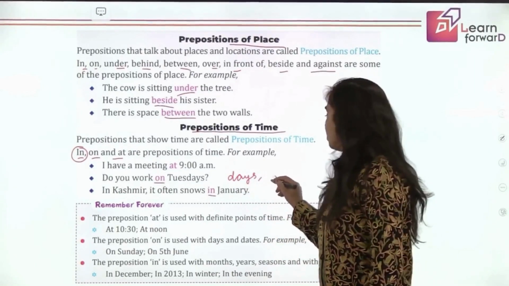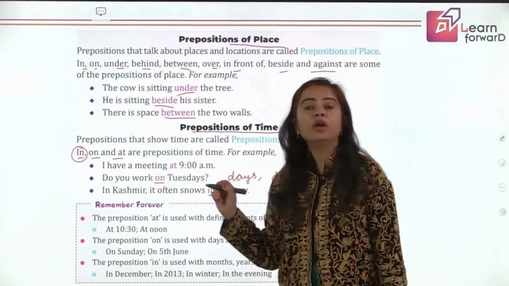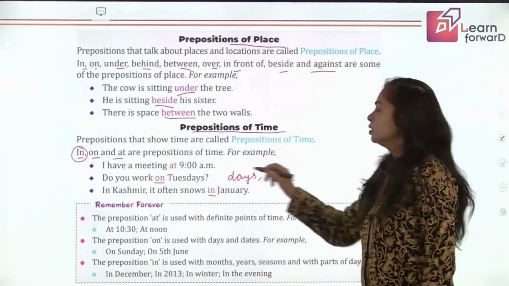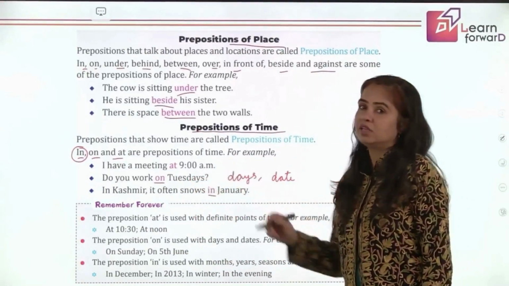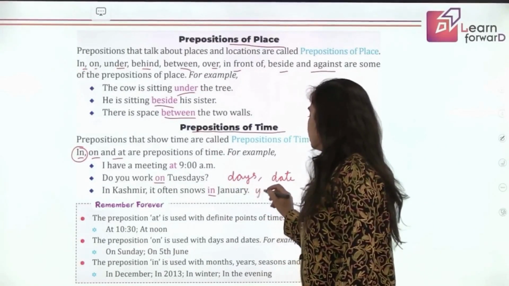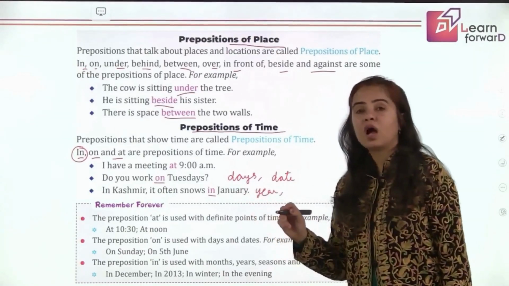When we say about some date, I'll go on 21st September. There also we use the word on in relation to time. And for in, I have told you, for year, we use in 2012.